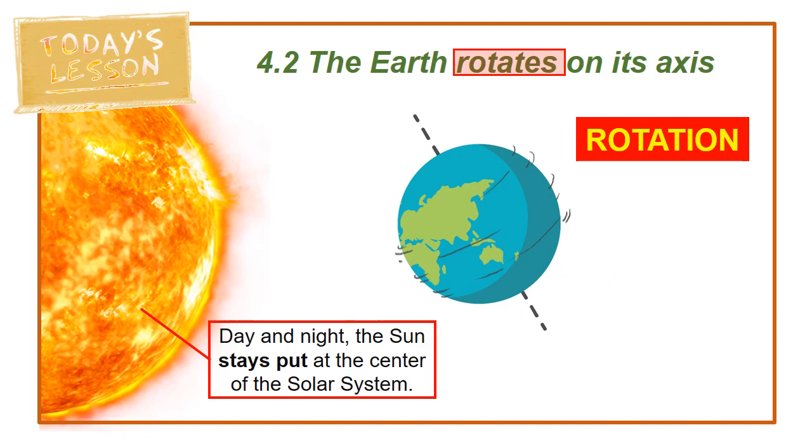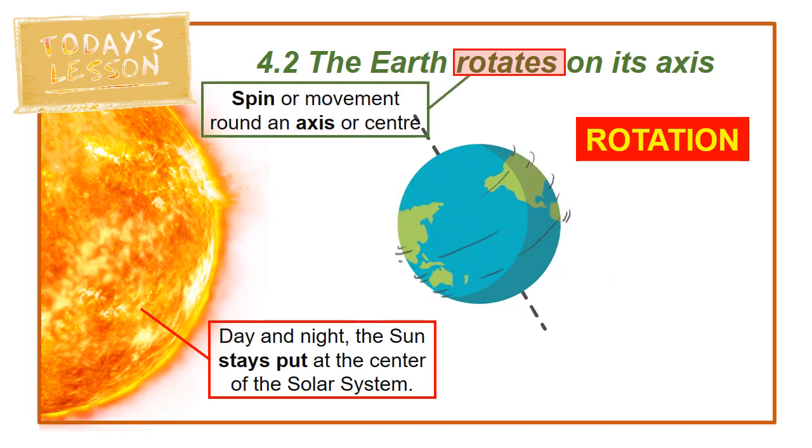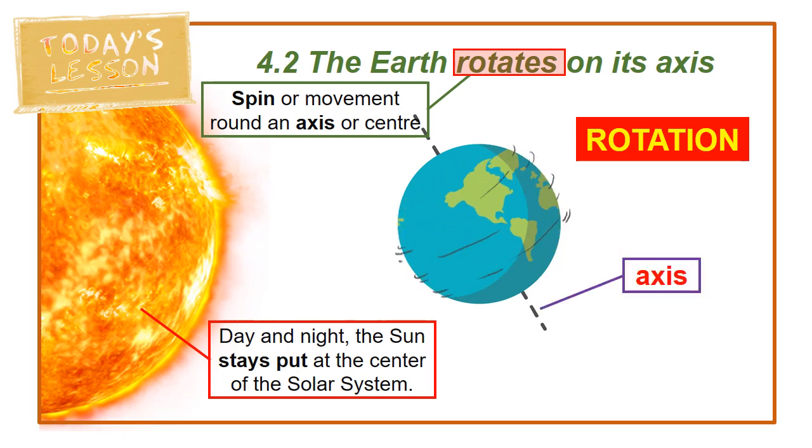When we say rotate, it means spin or movement round an axis or center. So the earth spinning on its axis is called rotation. Where is the earth's axis? Here it is.